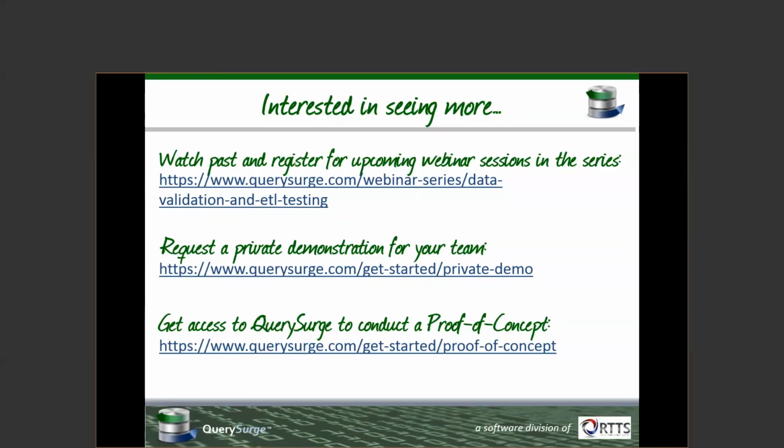Our knowledge base does go into detail on how to set up connections to whatever data lake storages you may be working with. And it's actually quite useful too if you're looking to test some of your staging tables that you have in these different cloud technologies as they move into Snowflake. You can verify that as well with QuerySurge.